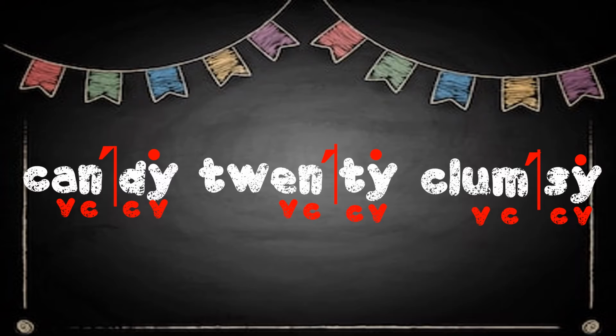Look at the vowel Y in each of these words. Is it in the accented syllable? No. When vowel Y is open and not accented, it usually says E. Vowel Y can make 2 sounds, I and E, just like the vowels A, E, I, O, and U can make 2 sounds.